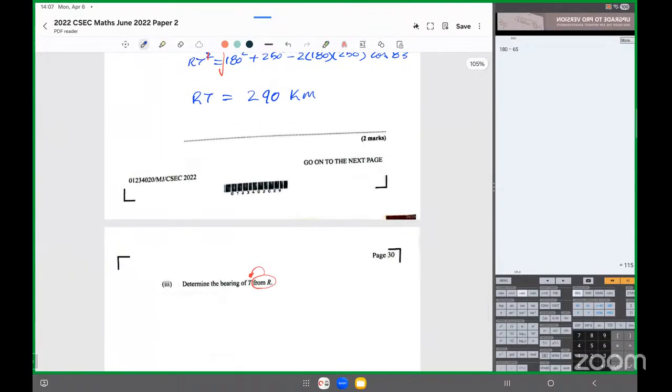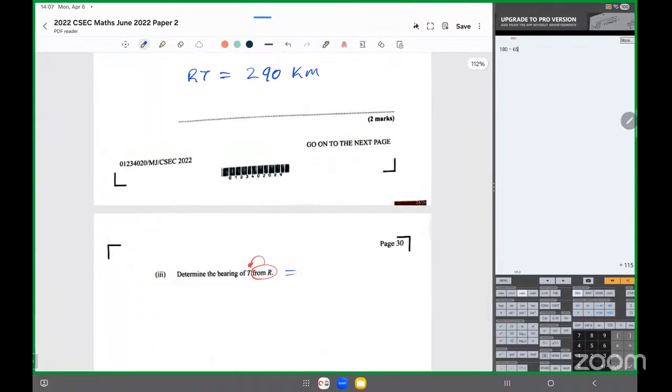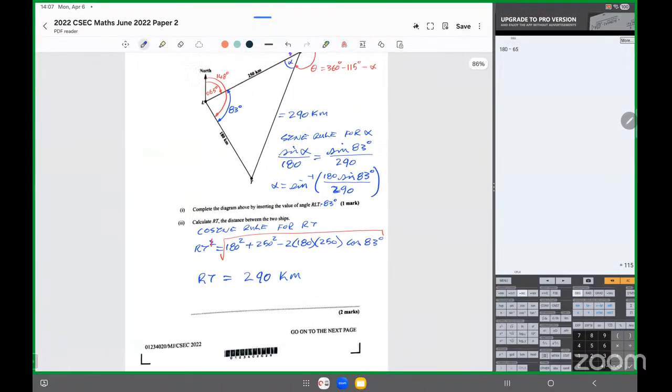So first, the bearing is the theta angle. And the theta is 360 minus 115 minus the alpha. That's what we said.